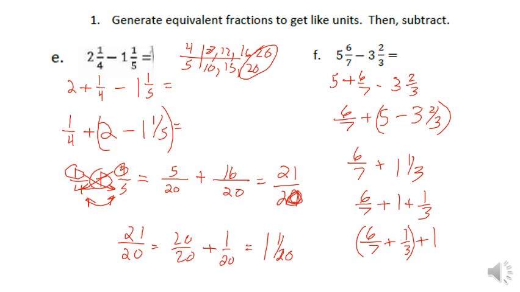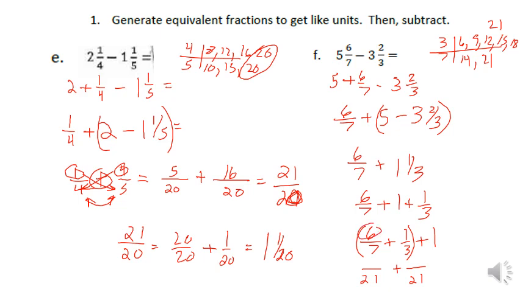Now 3 and 7, let's see what our common denominator is. We got 3, 6, 9, 12, 15, 18, 21. And it looks like we got 14, 21. There's our least common denominator. It's going to be 21. So we're going to be turning both these into 21. So let's go ahead and I'm going to just do our common denominator here, which we know is 7 times 3 is 21.